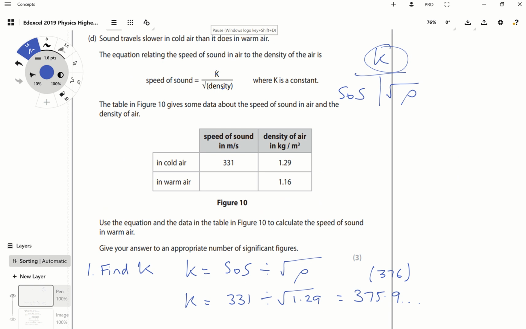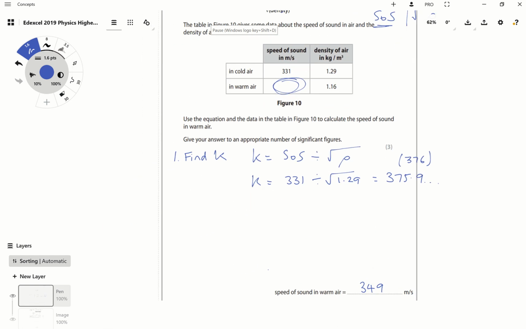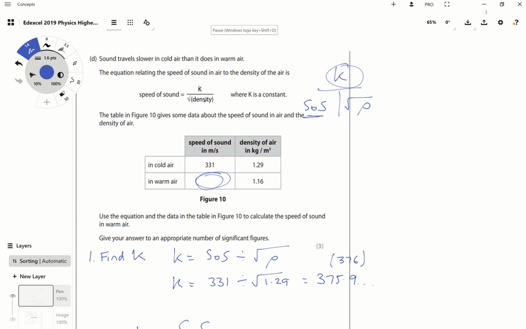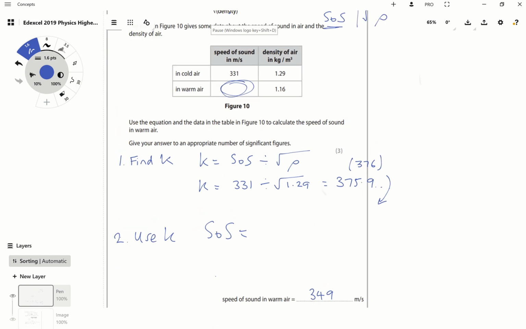Now I've got to use the value I worked out for K to get the speed of sound. We can see speed of sound equals K over the square root of the density. So next, part 2, use K. So the speed of sound equals, and I'll go back up there to remind you, K, which we worked out. So we're going to bring this value down, divided by the square root of the density.